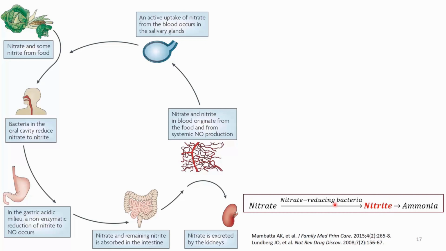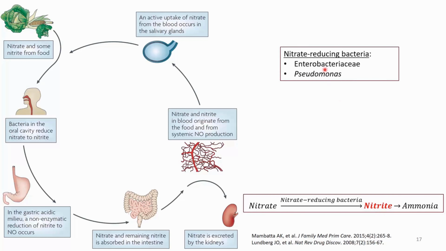If we detect it, you suspect that there are bacteria converting the nitrate in the urine to nitrite. And there are nitrate-reducing bacteria such as Enterobacteriaceae. The most common member of the Enterobacteriaceae family is E. coli, and also Pseudomonas. So that's what we suspect.